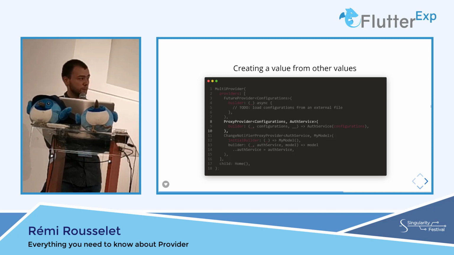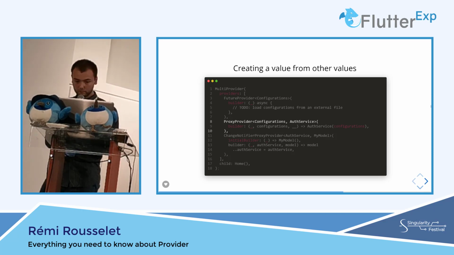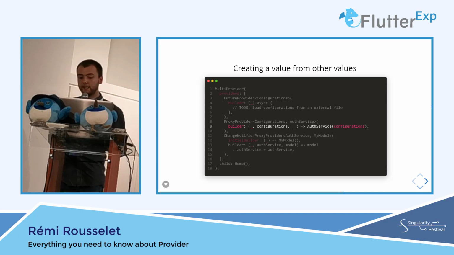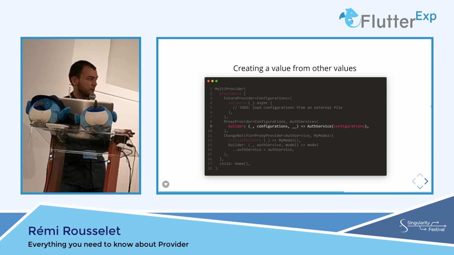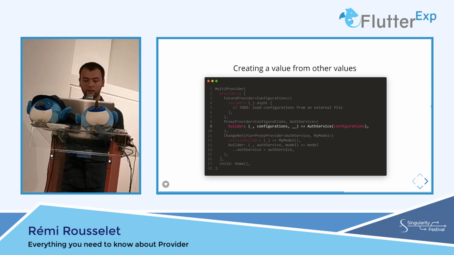So we first specify the type of the values that we want to consume, in this case, configuration, and then we specify the type of the values that we want to output, in this case, auth services. Then it takes a typical builder function like all other providers that will create our value, with the current configuration passed as parameter.